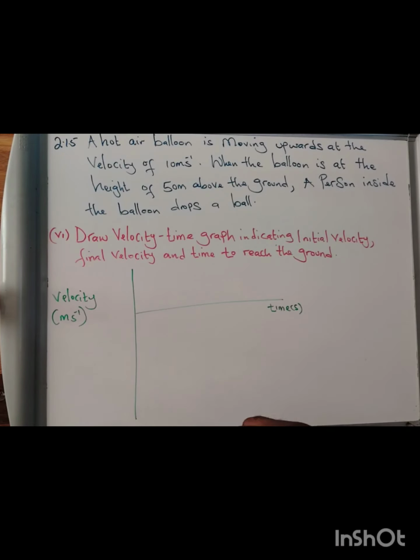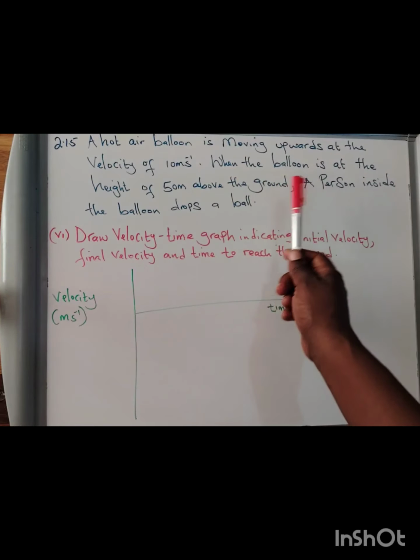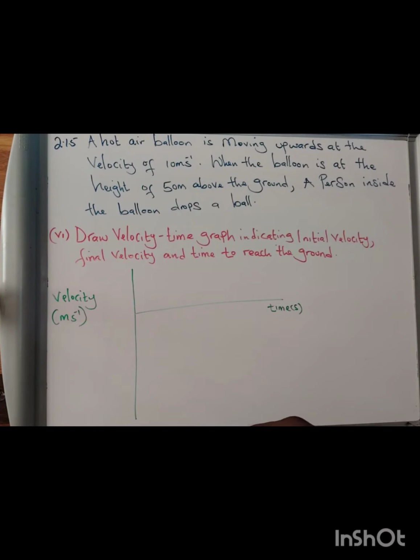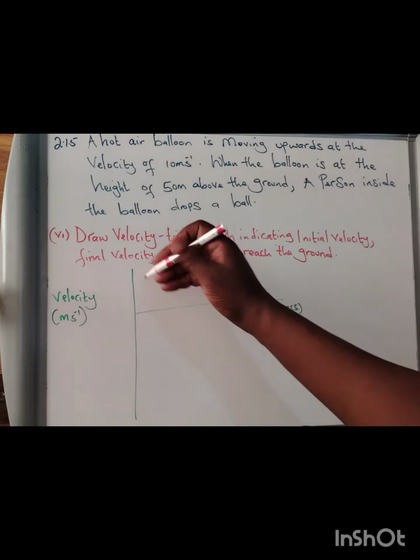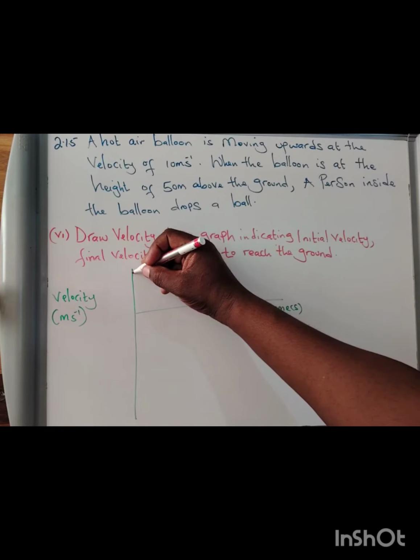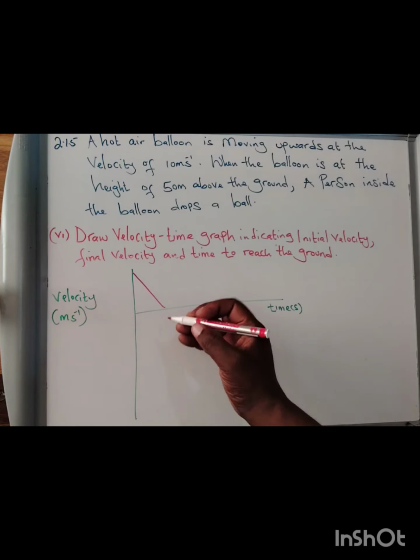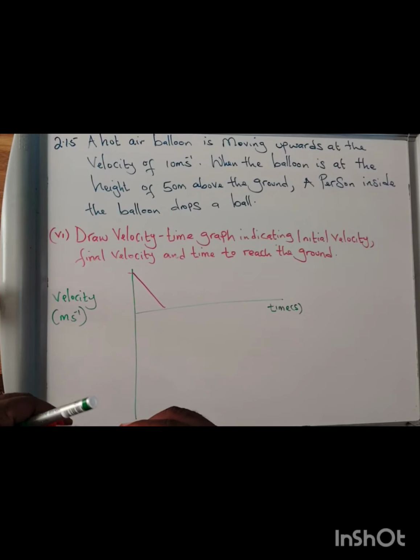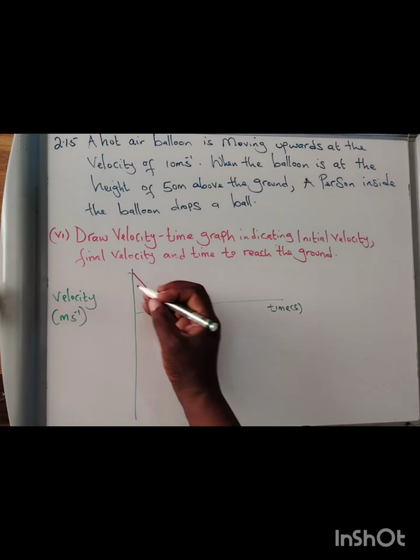So let us analyze the trajectory. What happened? We said the ball is projected initially upwards. So this is what we know. That's the first trajectory. What is the initial velocity at which the ball was projected?